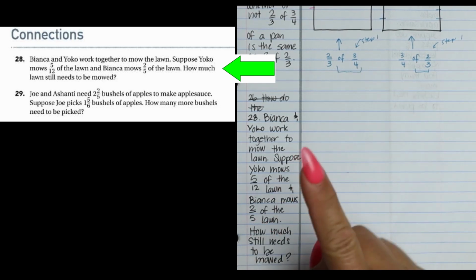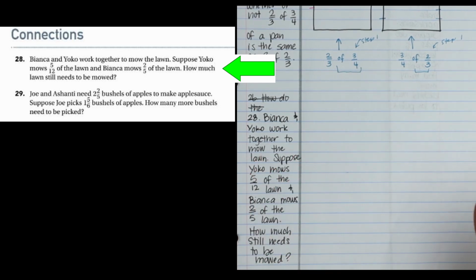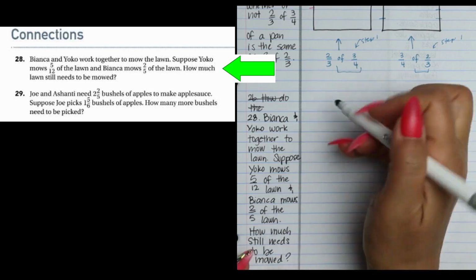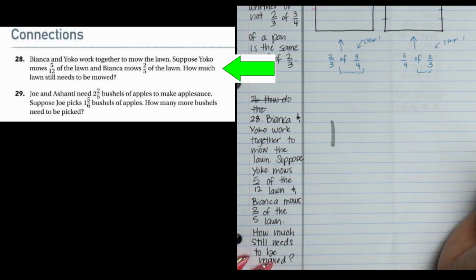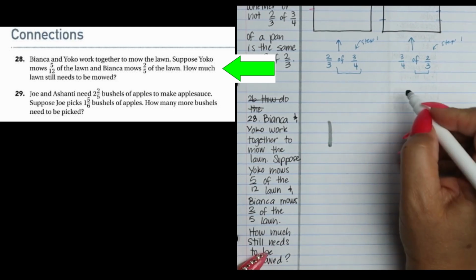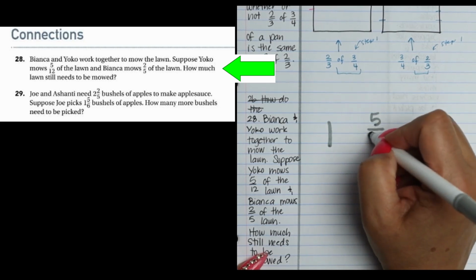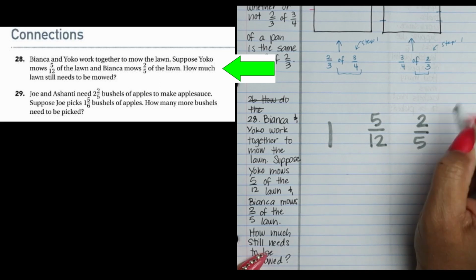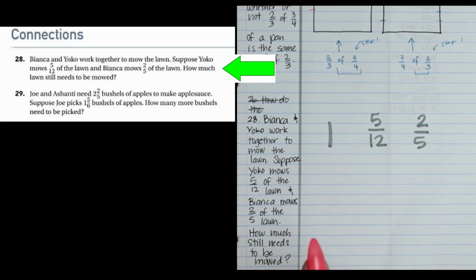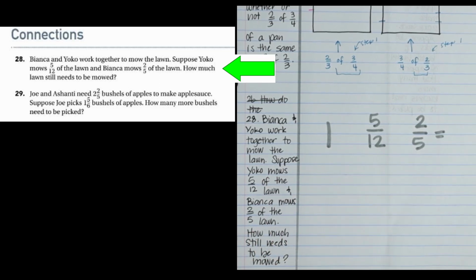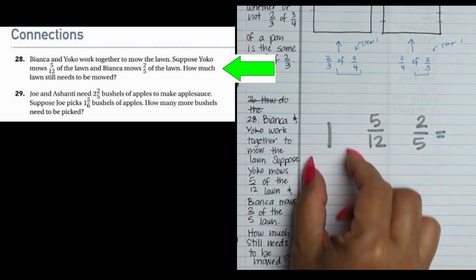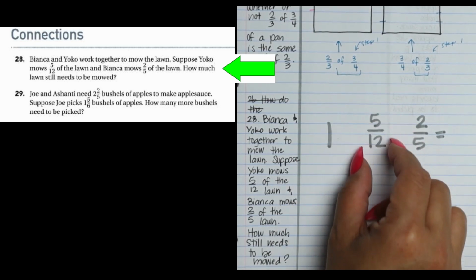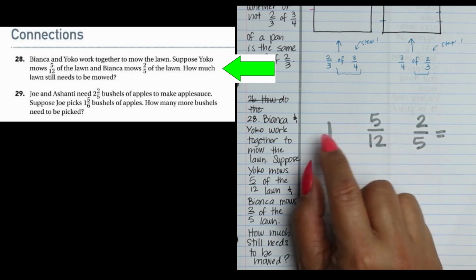Since this one doesn't require you to draw a model, all you have to do is think about the problem. You have one lawn. You have 5/12 and 2/5 to work with. How would you create a number sentence to solve that problem? I know that 1 represents what you start with. Yoko mows 5/12 of that.